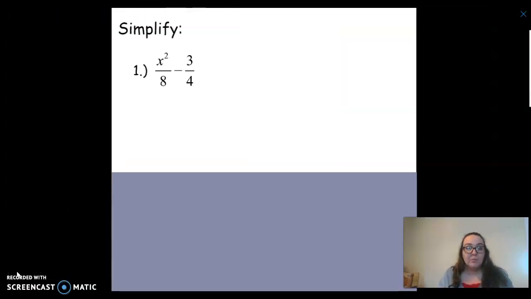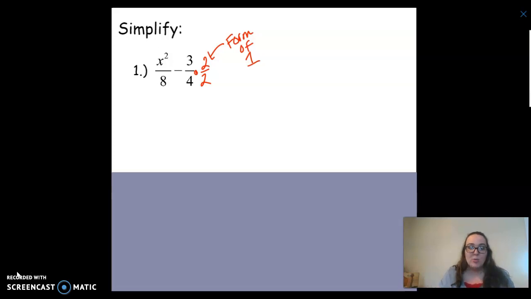So, what do we do when it says, let's simplify x squared over 8 minus 3 over 4? I've started here with the numbers for my denominator because we know how to get 8 and 4 to a common denominator. We need to multiply this by 2, and remember, this is called a form of 1.